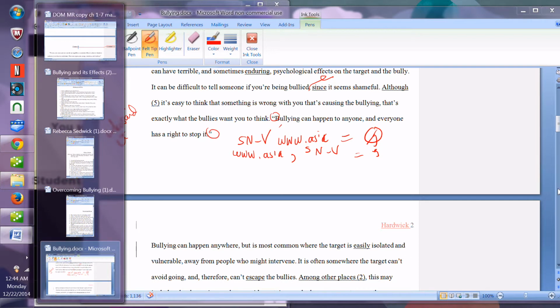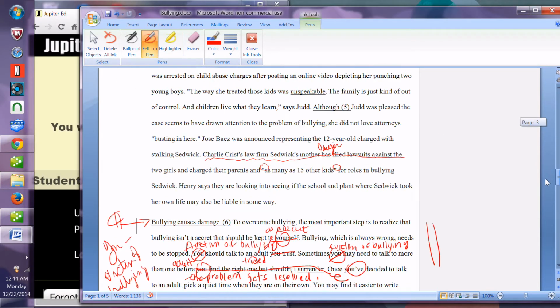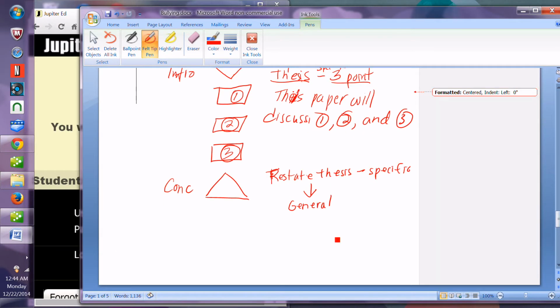So for your thesis statement, you might say something about this paper will detail the effects.